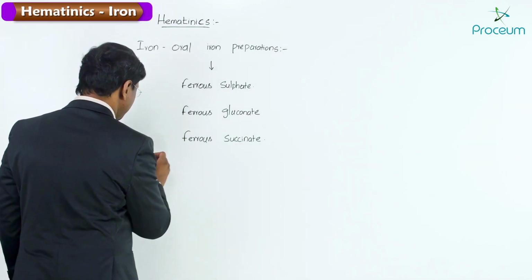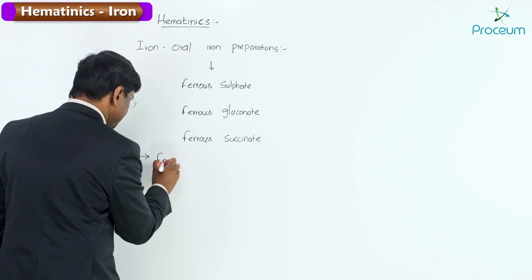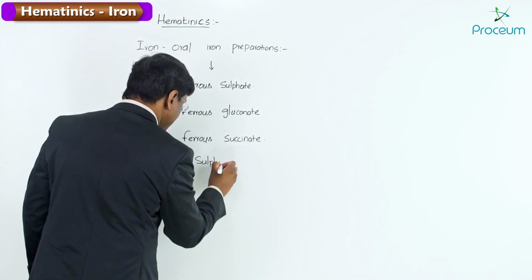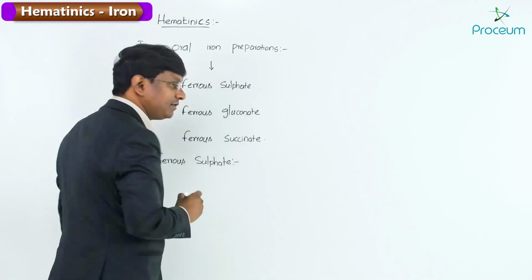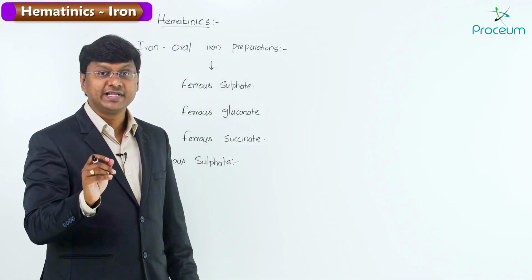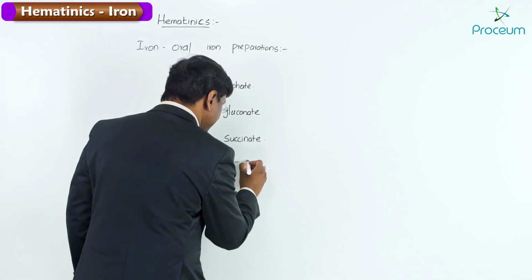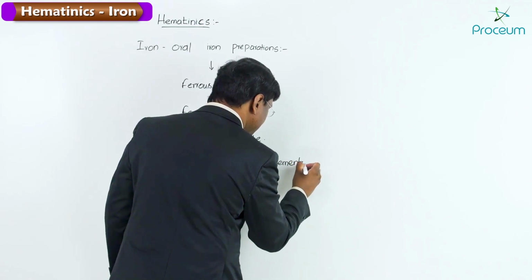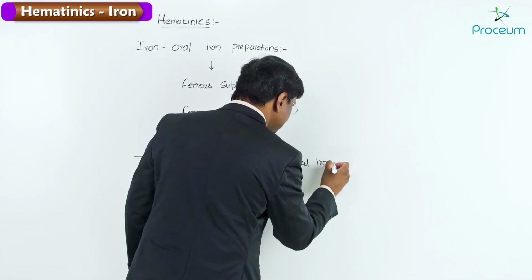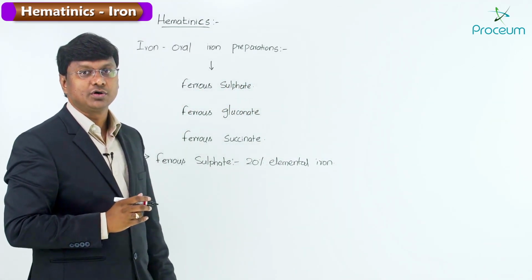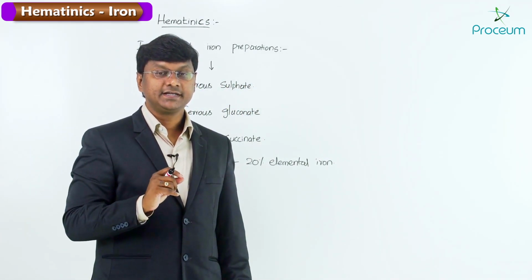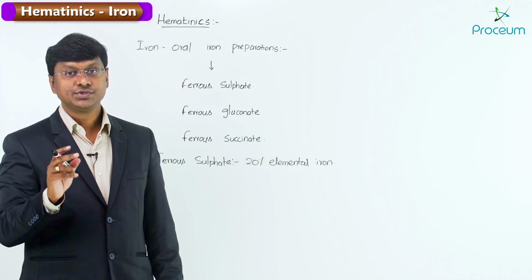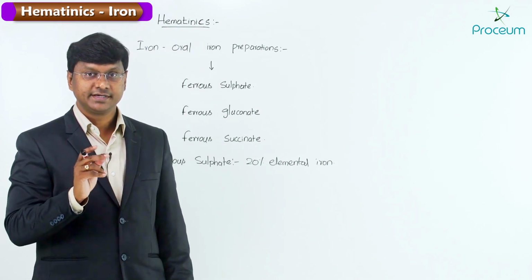Now out of which you take this ferrous sulfate. Ferrous sulfate contains 20% of the elemental iron, and for the treatment of iron deficiency, the dosage recommended is 200 milligrams elemental iron daily.